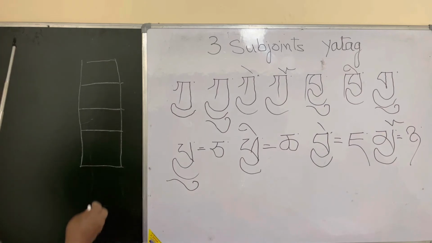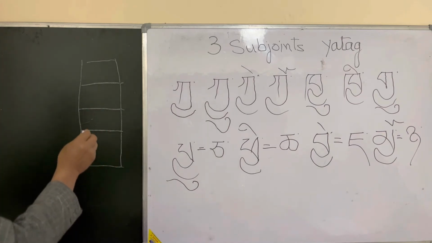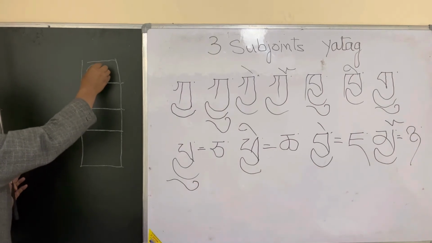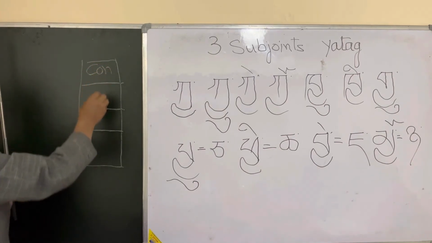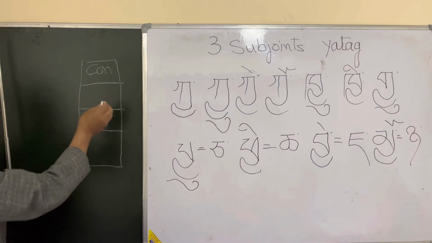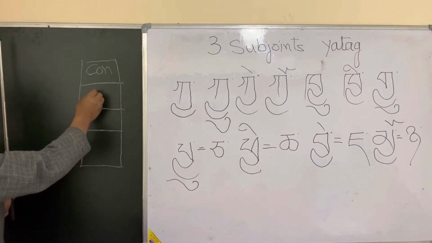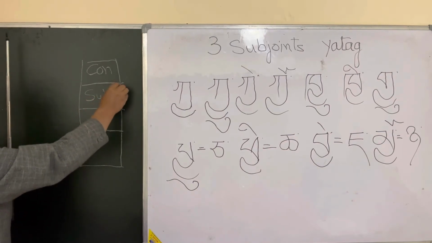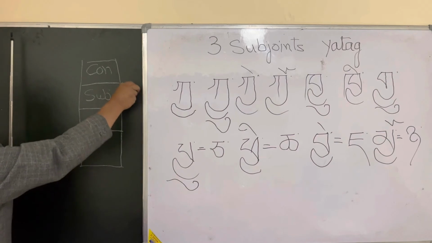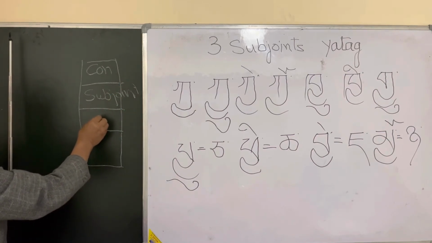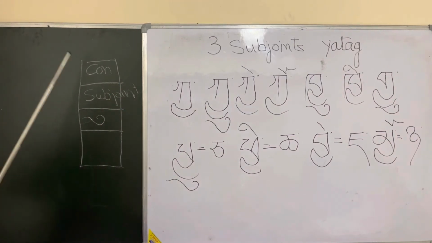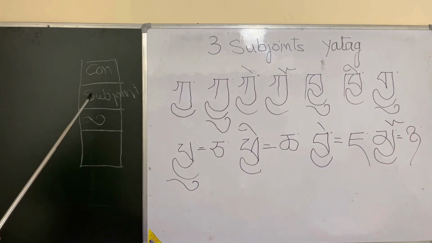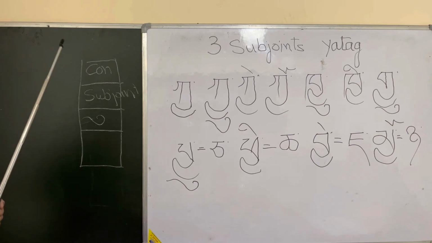So let's say this is the consonant. We are done with it. Now we are doing the subjoint yatak. And this is the vowel shabju. And one more we have to add, that we will do later on.